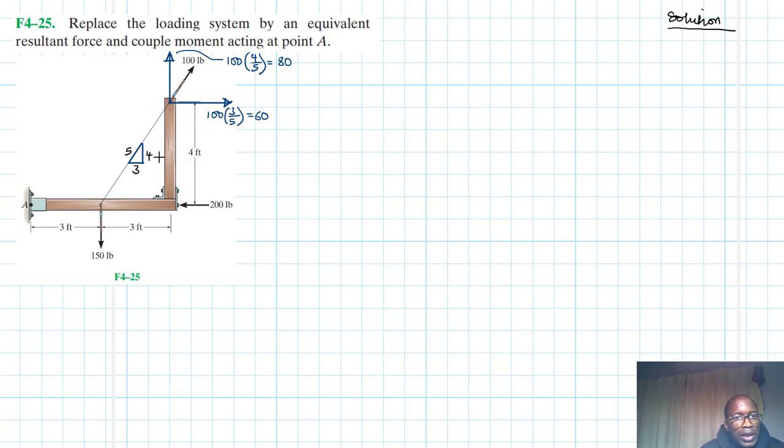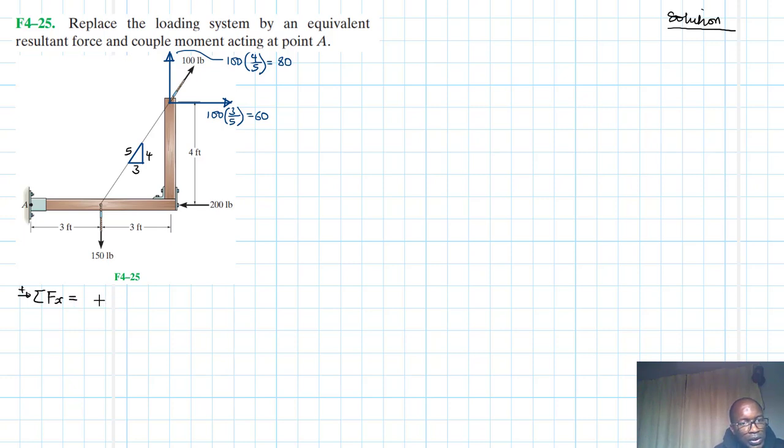So what we need to do now is to replace this loading system by an equivalent resultant force and couple moment acting at A. So what we need to do is to sum up all the forces in the x and in the y, and later on find the resultant and the angle as well as the moment about point A. So let's start with summation of forces in the x direction like so.